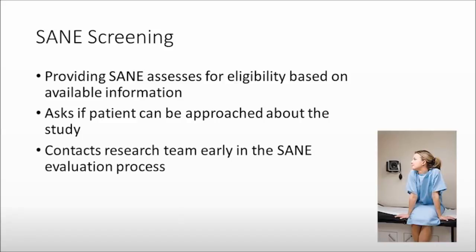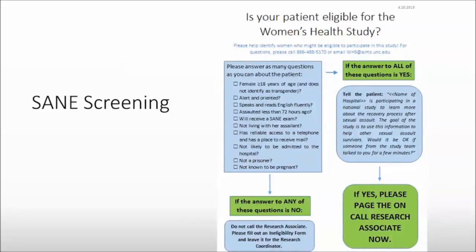And just because of that, we want the providing SANE to contact you as early in the process as possible so that the person's not stuck waiting after their exam for a long time. So this is just an example so you can see that the providing SANE will use this poster, this sort of cheat sheet flowchart, to decide whether a person is eligible.